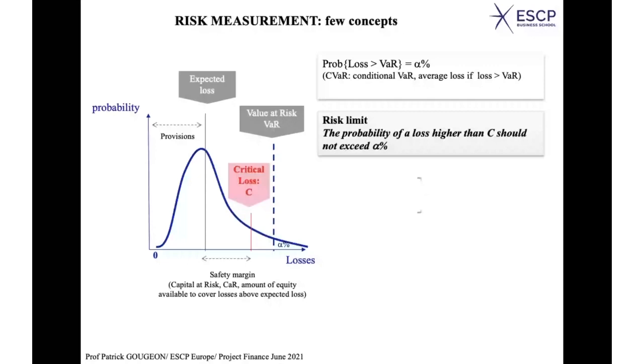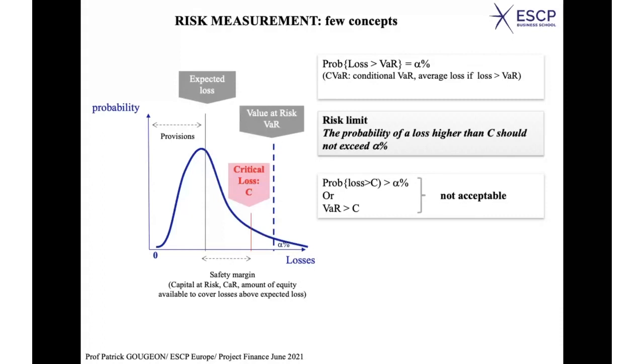Sometimes, the difference between the expected loss and the critical loss, we call it the safety margin. If you have an expected loss, that is considered as a kind of normal loss. Not normal in the sense that it has to be, but in the sense that there are possible losses, and on average, you can count on a loss of this amount.